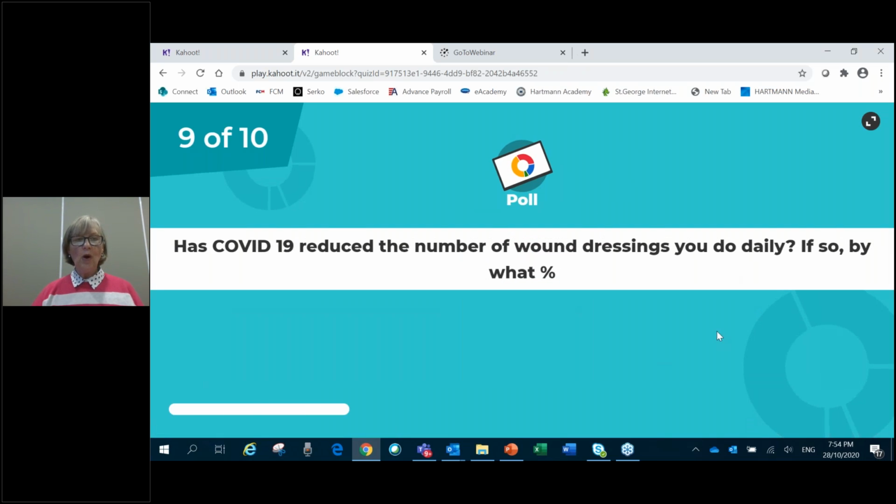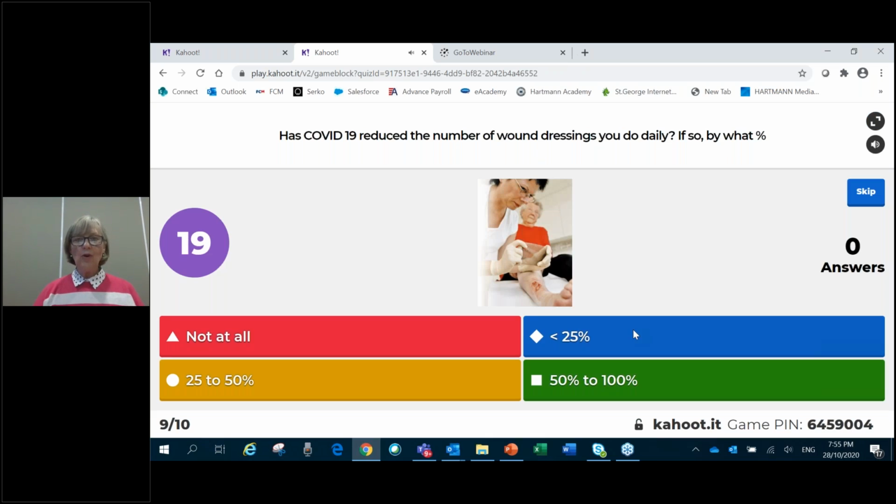Now we've just got 2 poll questions at the end. Has COVID-19 reduced the number of wound dressings you do daily? And if so, by what percentage? Not at all, 25 to 50%, less than 25%, or 50% to 100%?